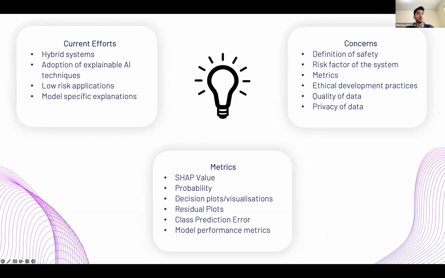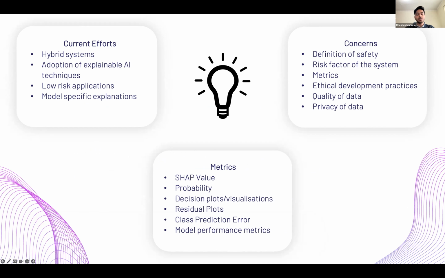These branch off into three main concerns, which are the current efforts. So this is for research. We have the current efforts: what kind of systems are in place to make more explainable AI models, or can we make current AI models more explainable?